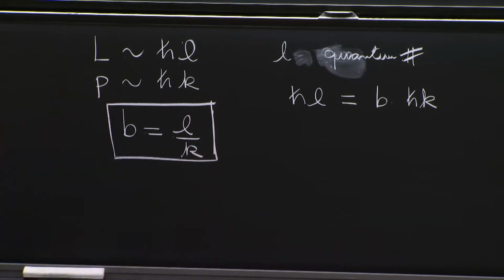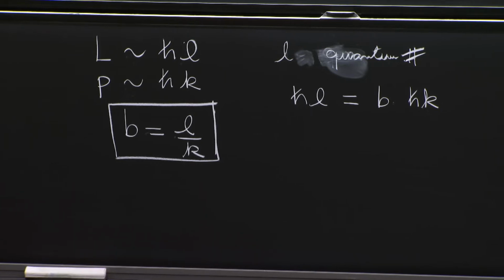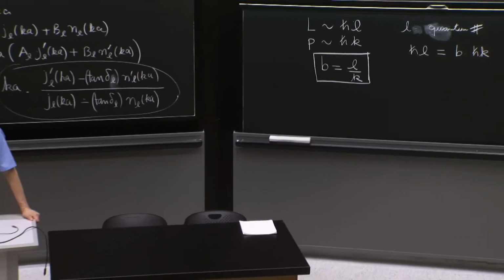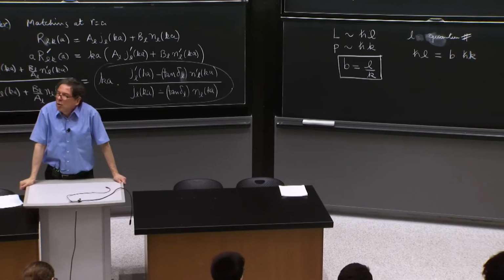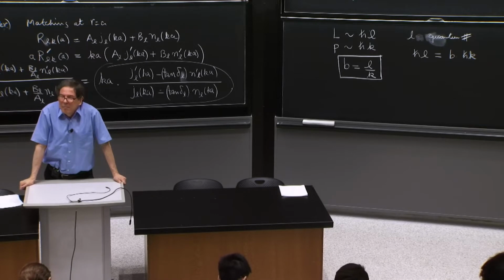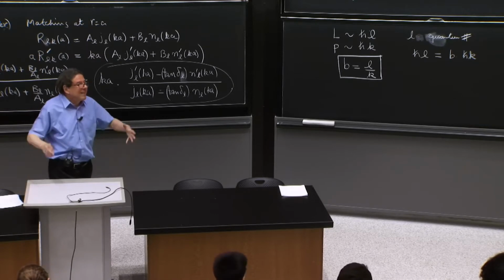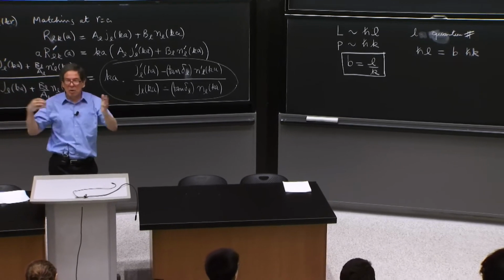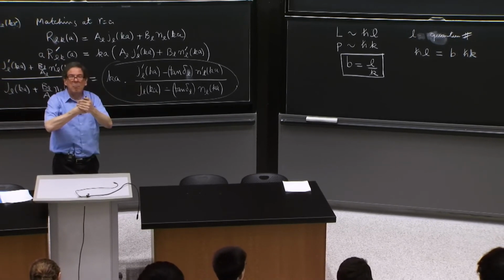It's a somewhat classical intuition, but it gives you an idea. As you're increasing l, you're increasing the impact parameter intuitively. A partial wave scattering process with l reflects the impact parameter. If l is equal to 0, you're hitting the object right on.